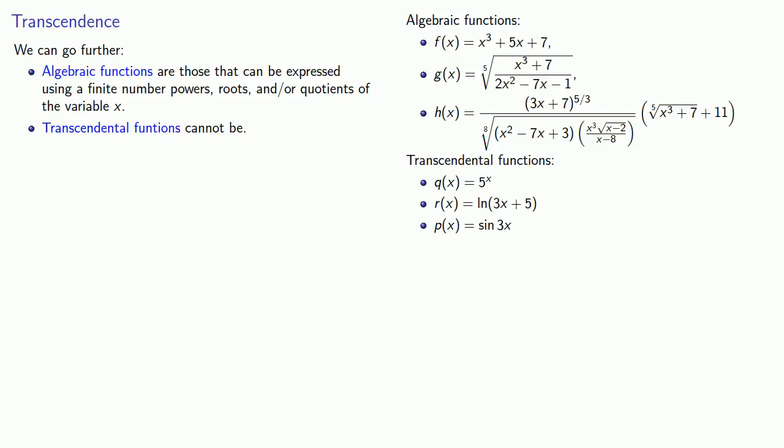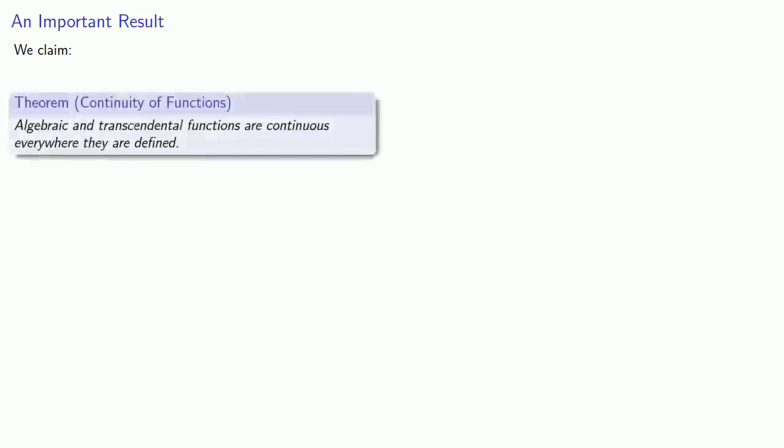And as you can probably guess from these examples, our primary transcendental functions are the exponential, logarithmic, and trigonometric functions. And rather conveniently, it turns out that what is true for algebraic functions also turns out to be true for transcendental functions. And so we have a theorem. Algebraic and transcendental functions are continuous everywhere they are defined.